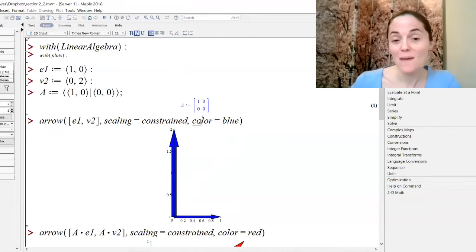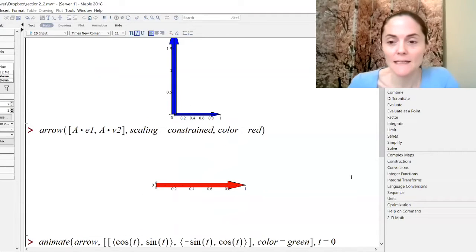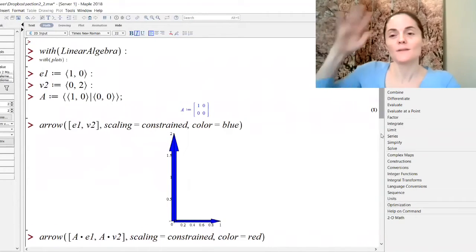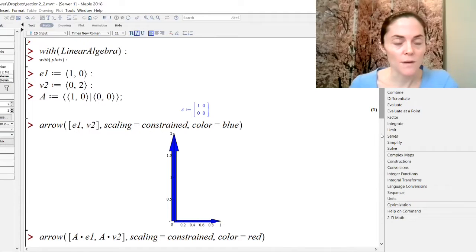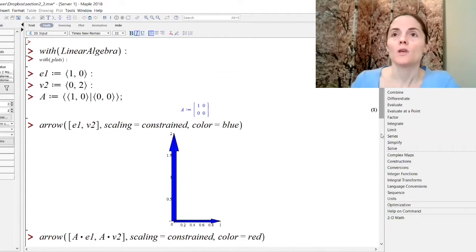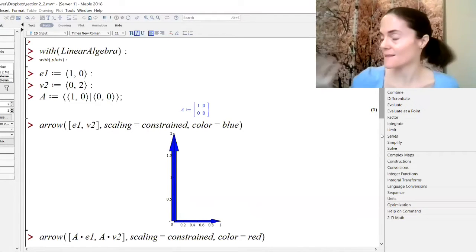Well, maybe I'll show you what it's doing. Here's what it did. This matrix projects to the x-axis. And you could even see that if you think about the formula, if your unit vector on the line is just 1, 0, and so you would take u1 squared, that's the 1, and then u2 squared, 0, and then u1 times u2 is the off diagonals, and those are both 0.